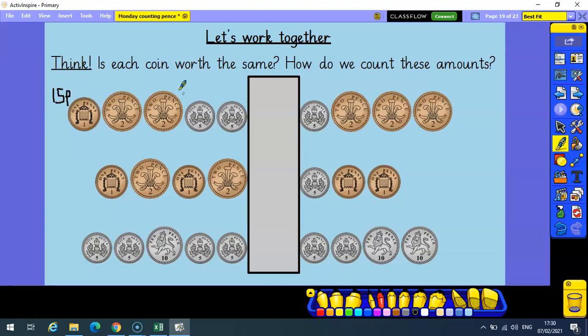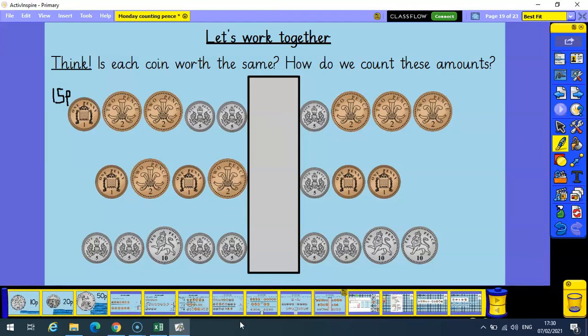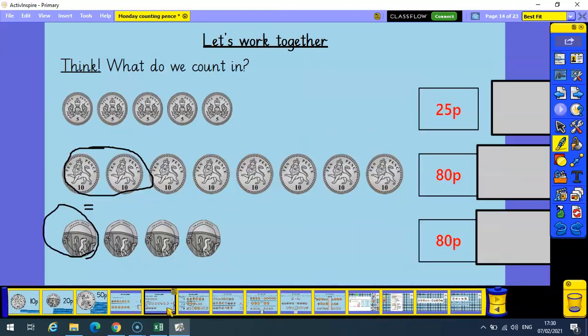Remember, we can't just count how many coins there are, because the coins have different values. Can you remember, it was quite a long time ago, we had more coins here and fewer coins here, but the value was the same because the coins were different and had different values.